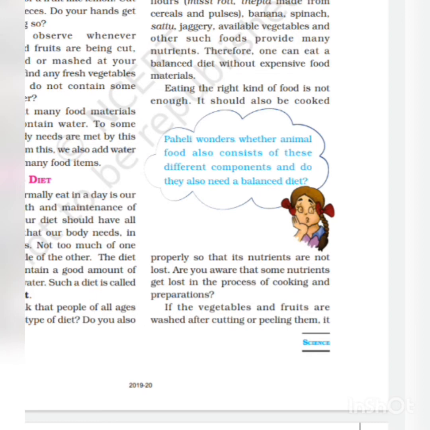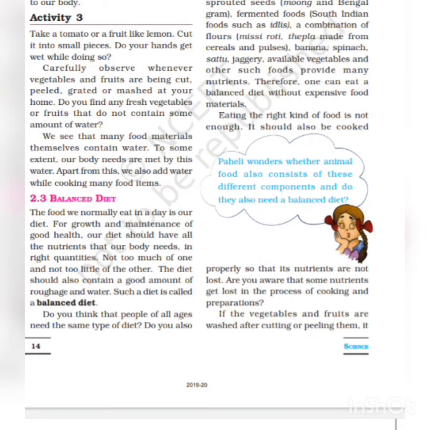You should eat food in the right kind. You should chew it very well. You should not drink water between your meal when you are eating.